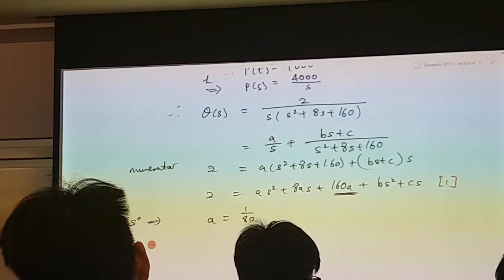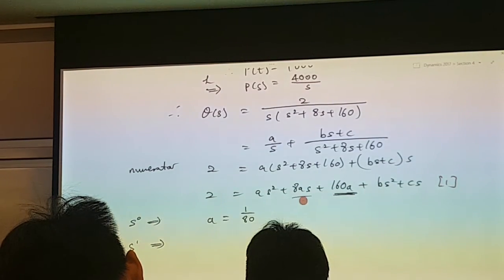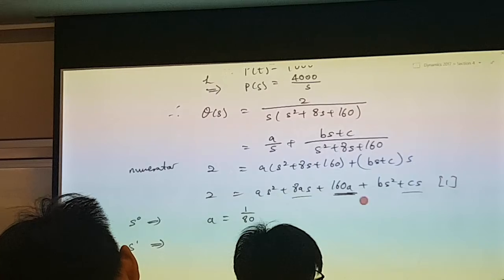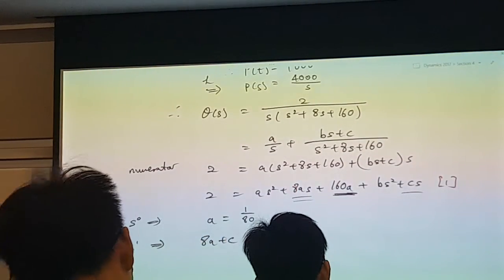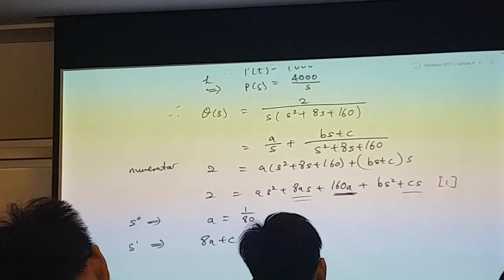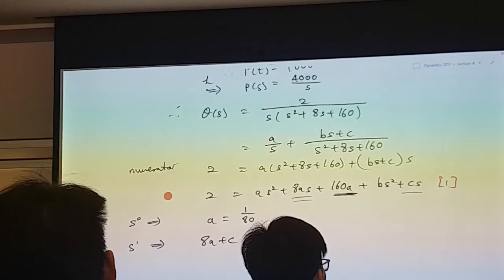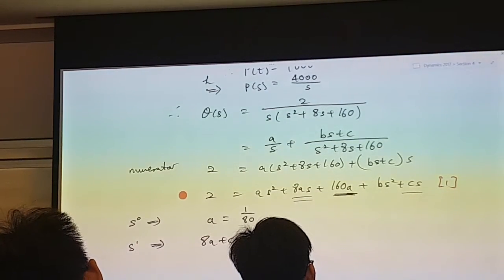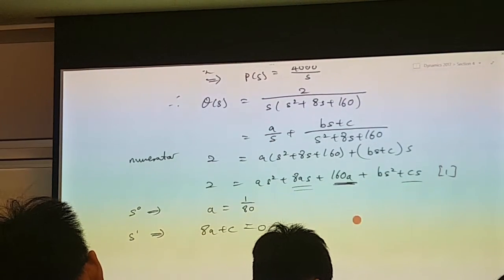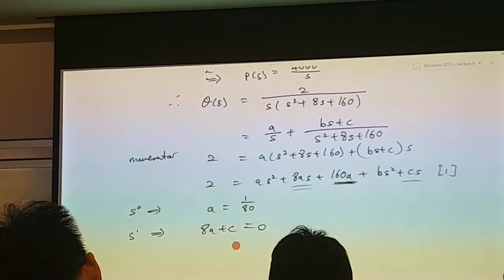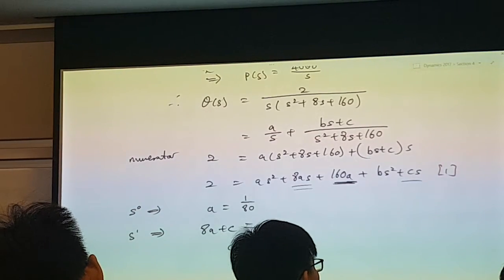So for the power s to the power 1, that means this one and that one. So we already have A, so 8A plus C must be equal to 0. Why equal to 0? Because there's no s to the power 1 over at the left hand side. The coefficient for that is 0. So do a little bit of simplification. C is equal to 1 over 10.